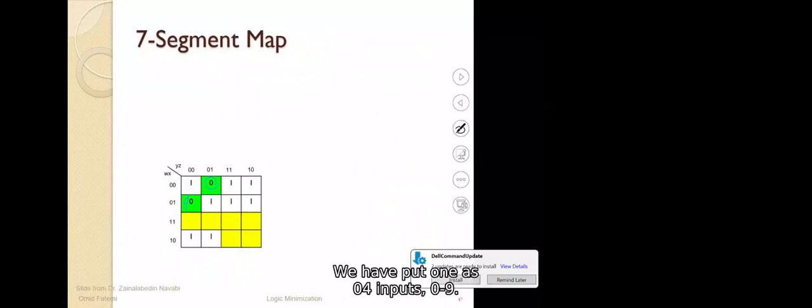And we have put 1 or 0 for inputs from 0 to 9. So what about the rest? Input 10, which is this one, input 11, input 12, input 13, 14, 15. Should it be 0 or should it be 1?